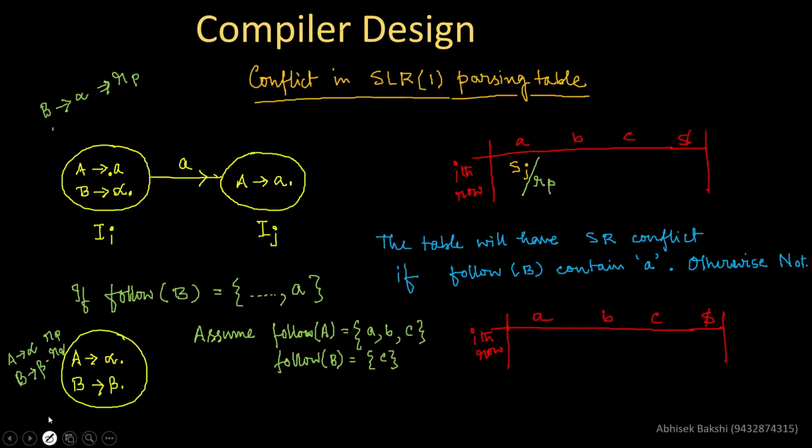According to the follow of A and follow of B, A to α is Rp, so a, b, c will contain Rp. Since follow of B contains only c, I will not put Rq, this production rule B to β, under the a and b columns. I will put it under the c column, but this will lead to some conflict.